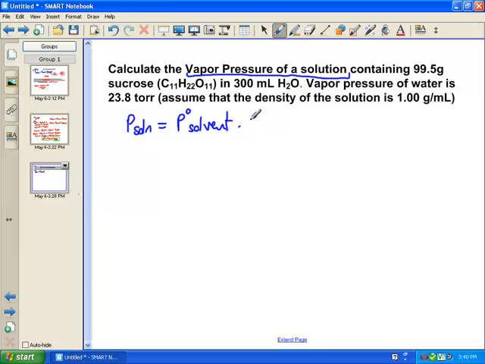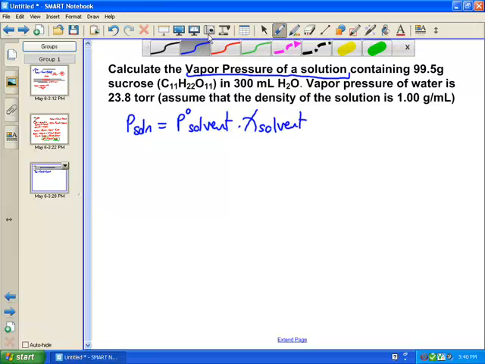Remember, this is a colligative property, so the nature of the solute is not important. If there's a bunch of solute there, then the amount of solvent is less, and that will be reflected in the mole fraction of our solvent. So this is what we're going to start off with.